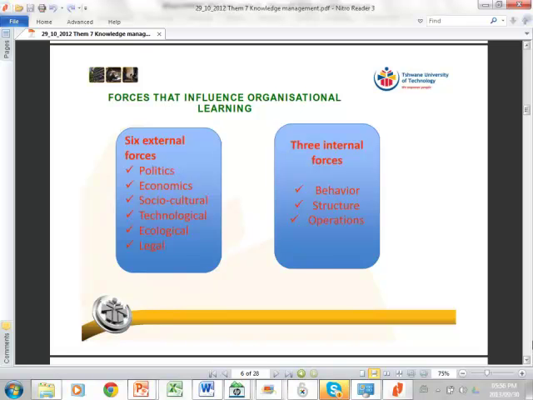The way in which the organization is structured will also influence to what extent learning takes place. So do you think that project learning will take place better in a functional organization or in a matrix organization? Functional.